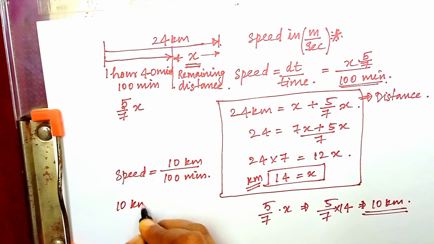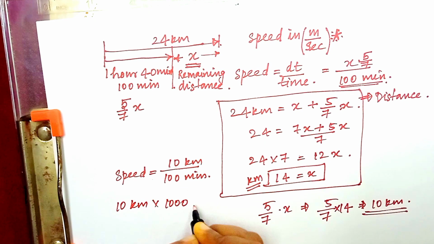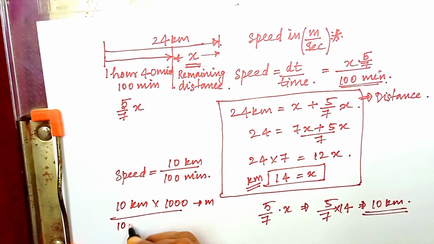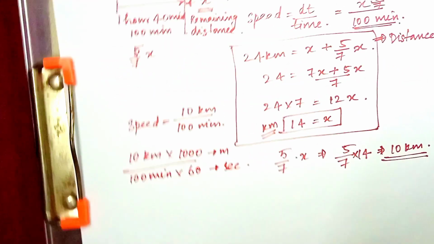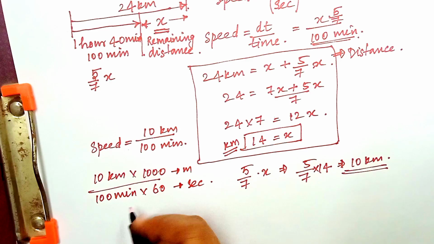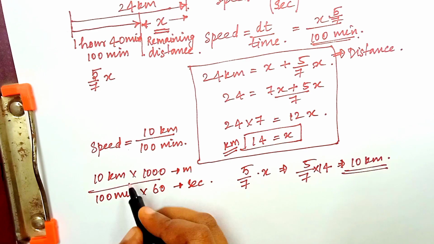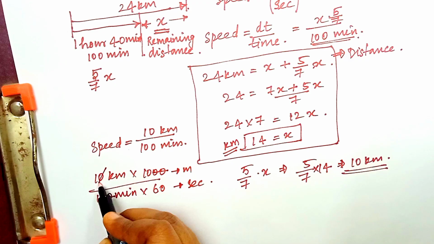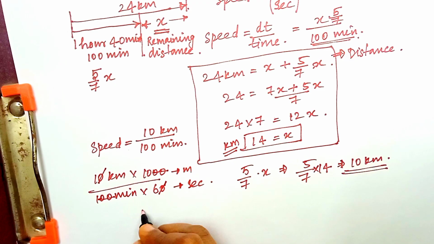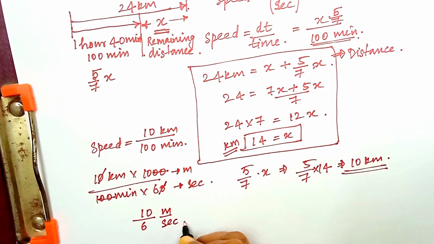So as I told you, 10 kilometer into 1000 will give you meters, and 100 minutes into 60 would give it in seconds. If you cancel it, you will end up having 10 by 6 meter per second.